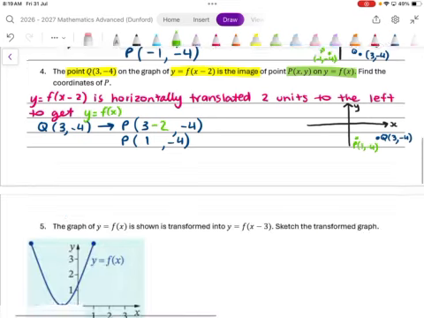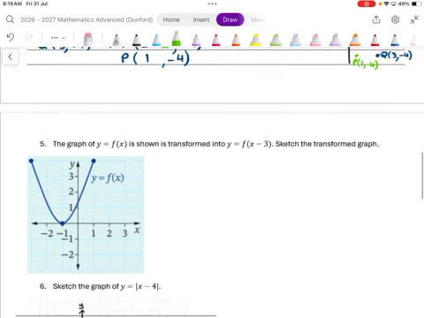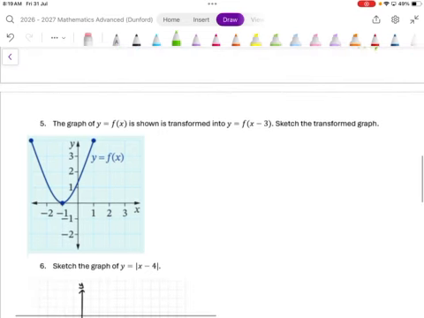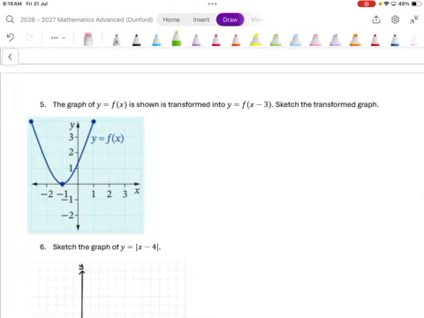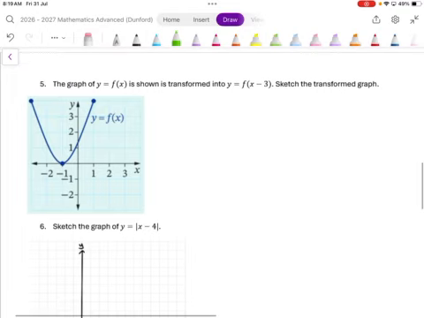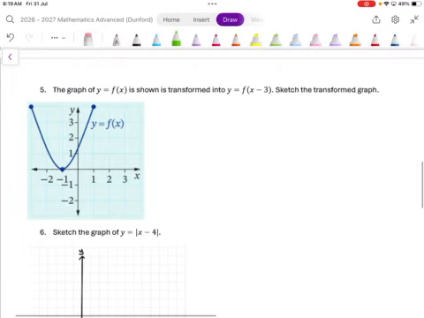Okay, so what we're going to do is we have the graph of y equals f of x shown, and it is transformed into y equals f of x minus 3. We're going to sketch the transformed graph. So what we have here is our y equals f of x. On this same axis, we're going to sketch the transformed graph y equals f of x minus 3.